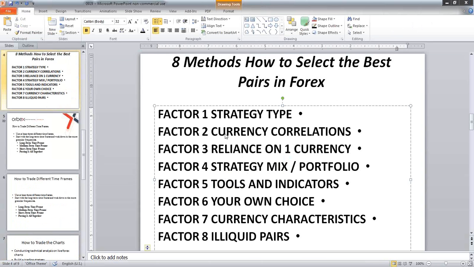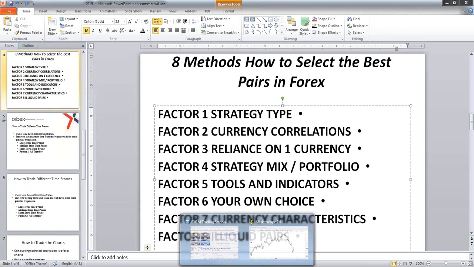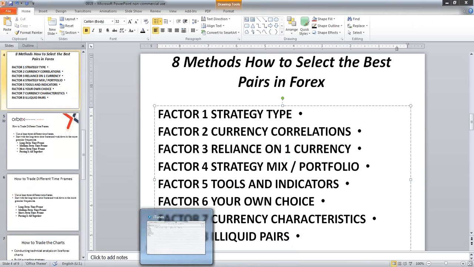You have a currency correlation, and you said, all right, because of the Scottish independence vote, I'm going to choose pound-dollar for my trade for today. And then we go to the next level, which is the tools and indicators.